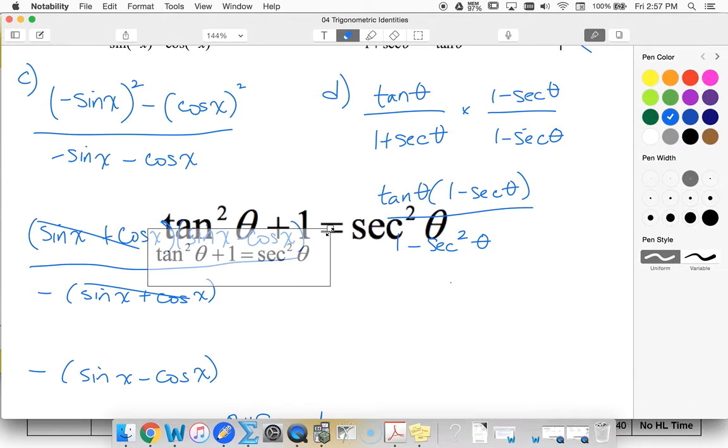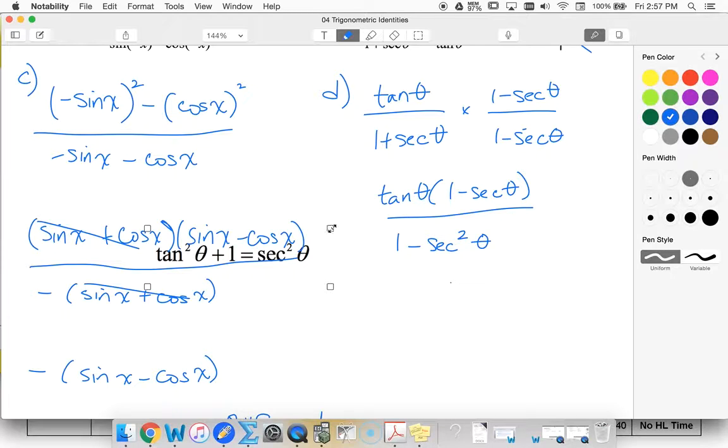So now we also want secant squared minus 1. So I'm going to multiply top and bottom by a negative as well. So I can totally do that. Multiply top and bottom by negative 1. That now means in my denominator, I have this identity.